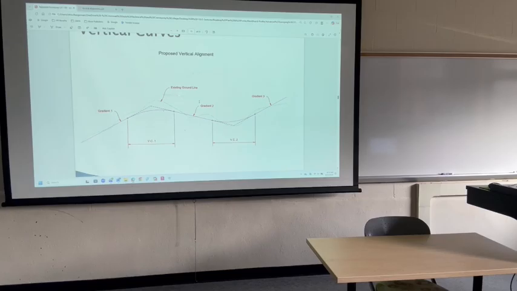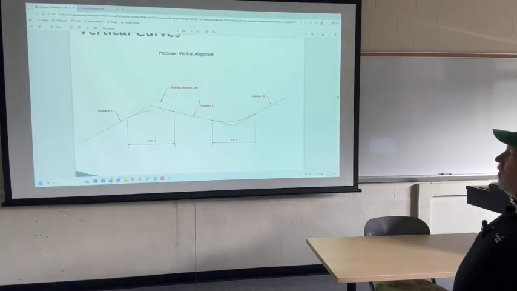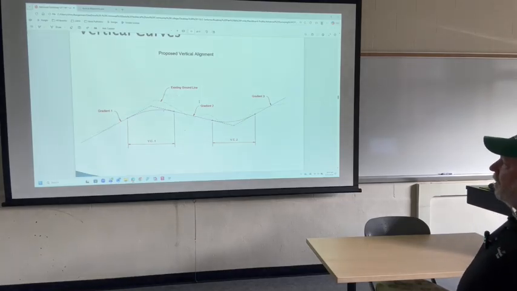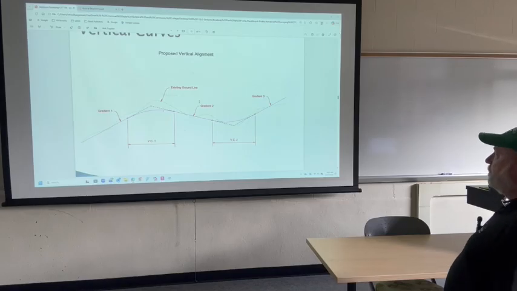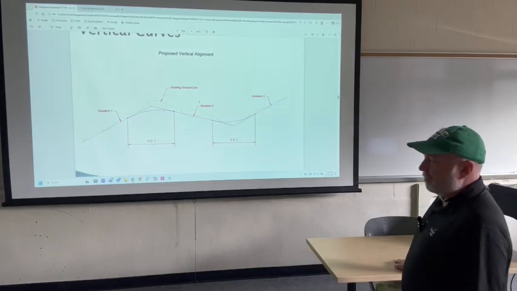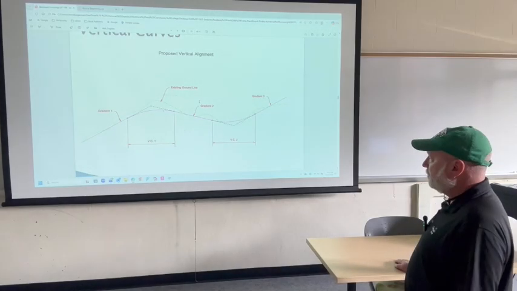Okay, so what we're looking at here would be a sample profile looking at the vertical alignment. If you can see the dashed green line, that is noted as existing ground. So that is what the ground looks like along the proposed alignment. The purple lines would be the proposed vertical alignment.